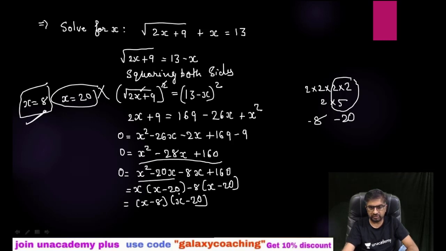So you need to keep these values in place of x, and you need to check also, guys, because here we are not having a quadratic equation, but we try to form a quadratic and find out the answer, but actually this is not quadratic, so you need to keep both the answers and you will get only a single answer as the correct one. So this way we can solve this sum, guys.